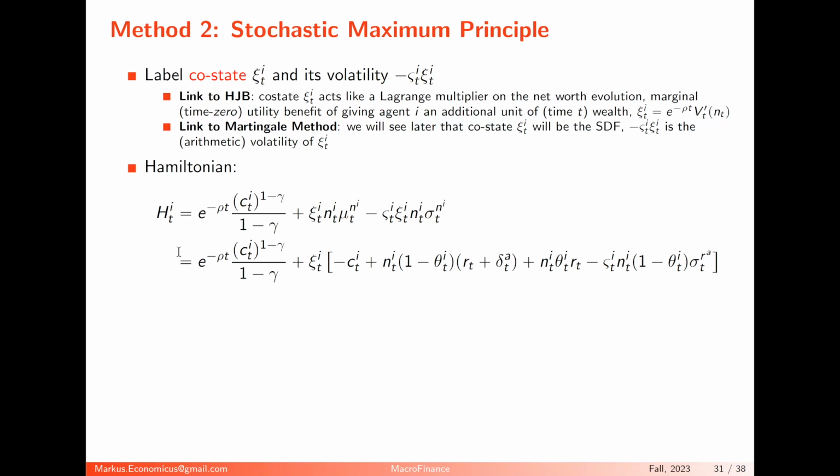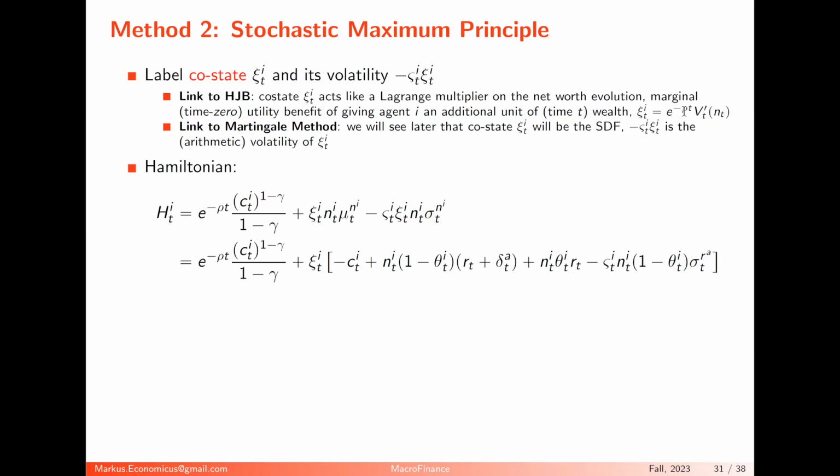So the co-state variable acts like a Lagrangian multiplier on the net worth evolution. So it's like I have a net worth evolution and I have a Lagrangian multiplier on it. This is this Xi, and it's the marginal time zero utility benefit to agent i of an additional unit of time t wealth. So that's what this SDF is. Typically, I give you an additional unit of net worth, how much extra marginal utility or marginal value do you get, discounted to time zero.